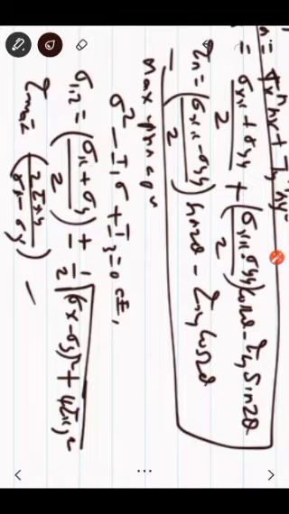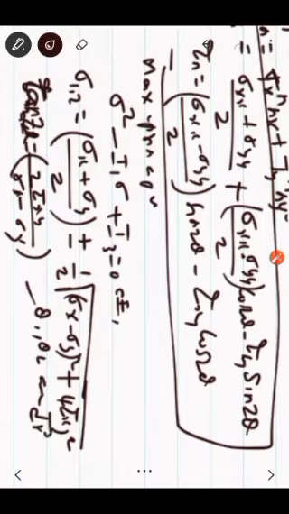Here you will be having the maximum stress direction, that is tan 2 theta equal to, so theta 1 and theta 2 are the directions for principal stress.